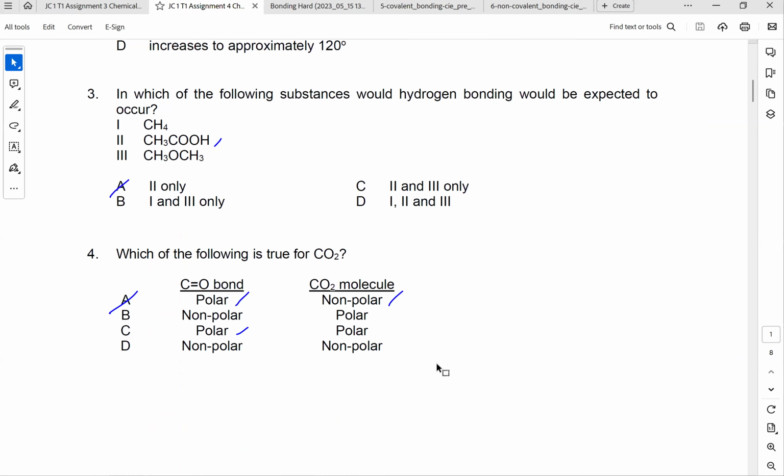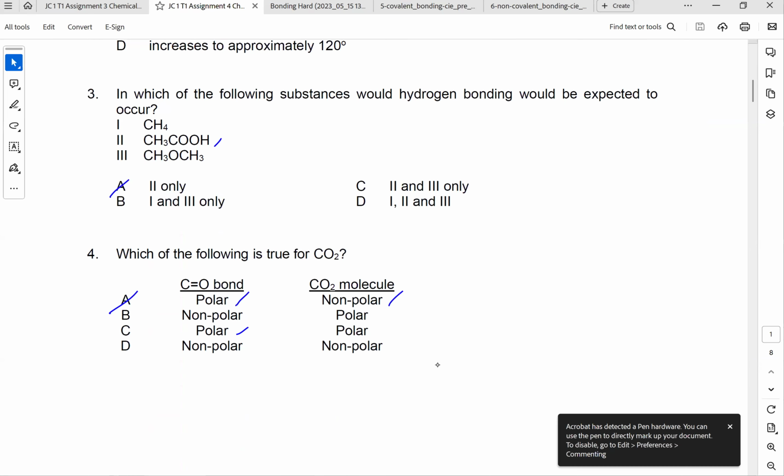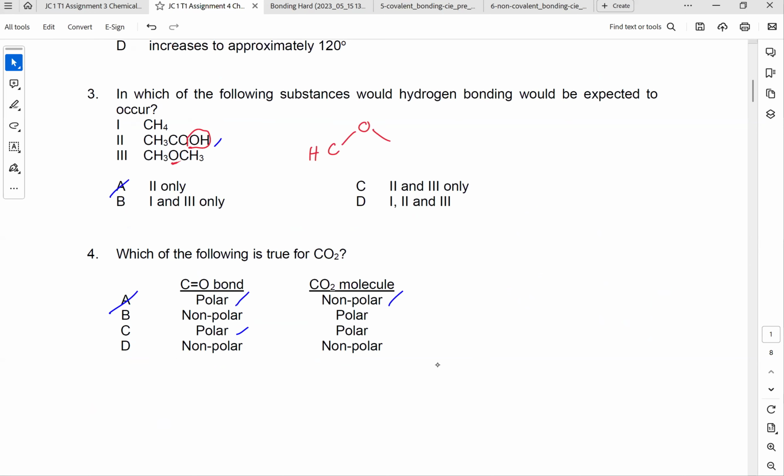So hydrogen bonding would definitely be this OH group, which can form hydrogen bonding, but this O is not directly bonded to any hydrogen, so it cannot hydrogen bond with another molecule like this, right? So only 2. Anything else?